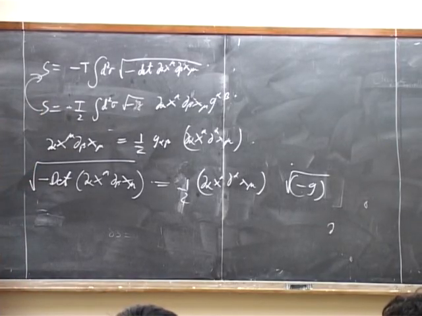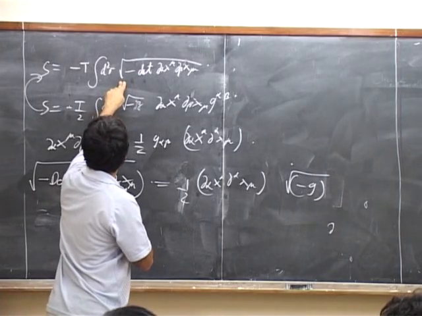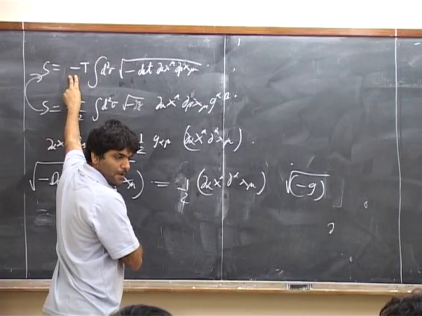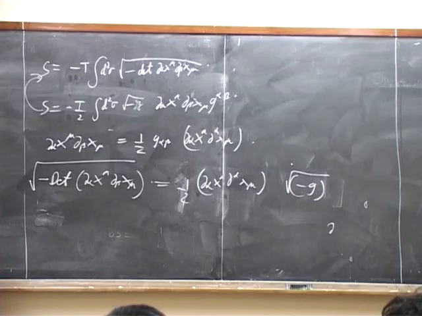These two signs have to be the same. But what's looking puzzling is that if by the square root we mean the positive square root, this looks like a negative definite object, whereas this looks like a positive one.